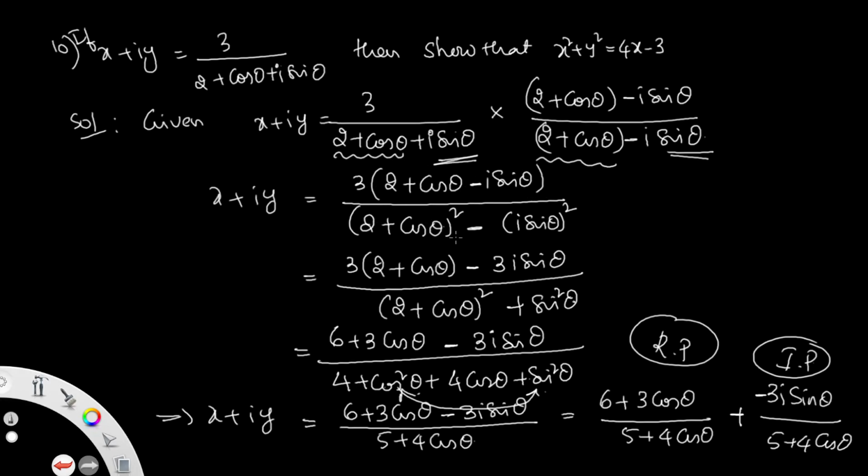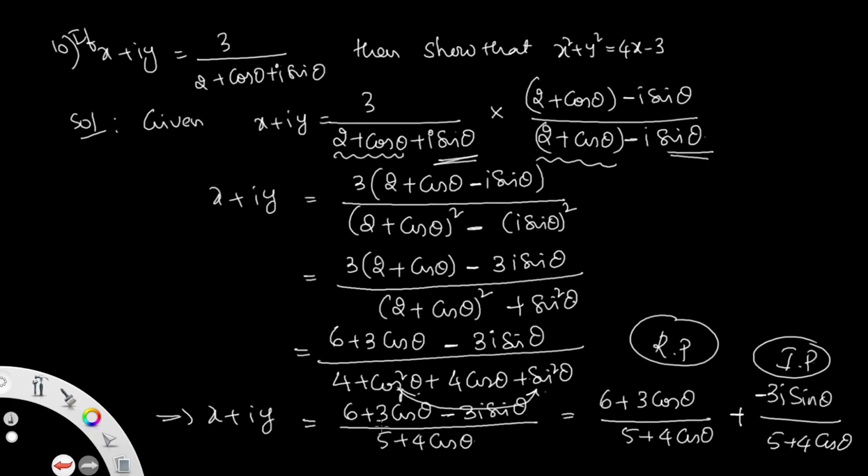The numerator simplifies to 3 into (2 plus cos theta minus i sin theta) by (2 plus cos theta) whole square minus (i sin theta) whole square. That is 6 plus 3 cos theta minus 3i sin theta. For the denominator, (2 plus cos theta) whole square means a plus b whole square: 4 plus cos square theta plus 4 cos theta plus sin square theta. But cos square theta plus sin square theta equals 1, that is 4 plus 1 is 5, so 5 plus 4 cos theta.